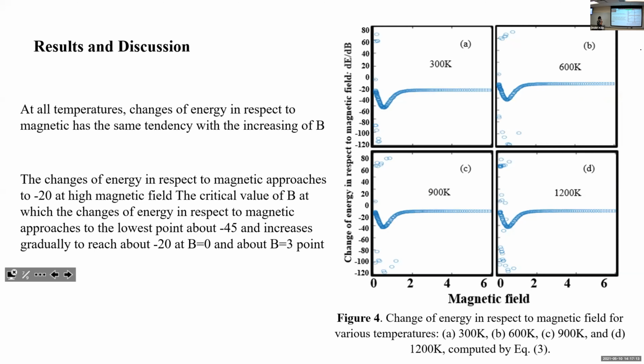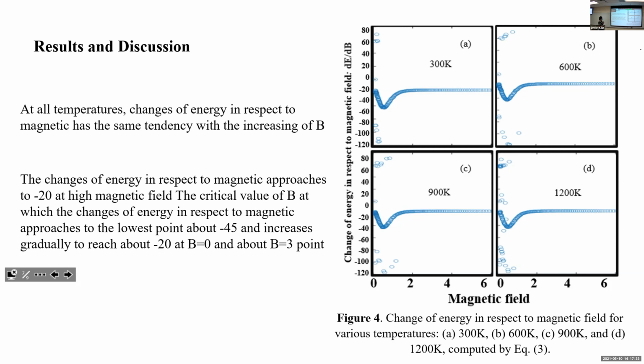The fourth one is the change of the energy in response to magnetic field for various temperatures. We can see at all temperatures, the change of the energy in response to the magnetic field has the same tendency with the increasing of magnetic field.